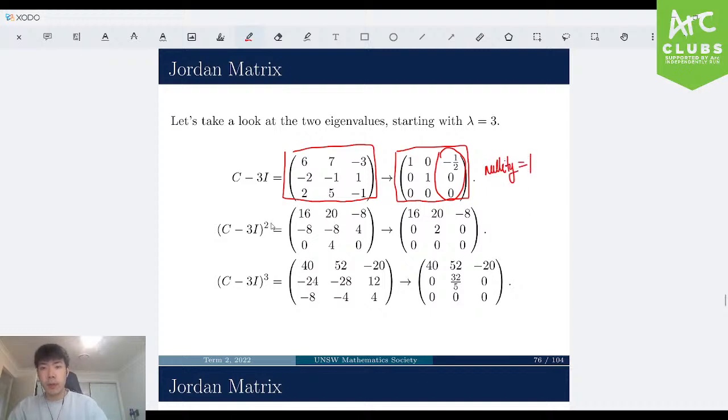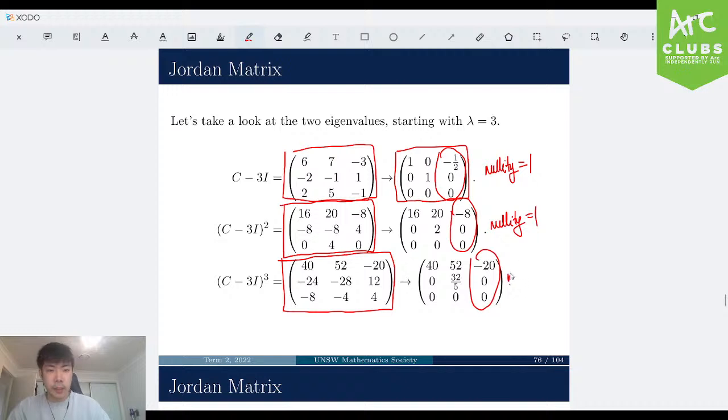Now we raise to the second power, we get this. You reduce. What's its nullity now? Its non-leading column is still this last one here, so its nullity is still 1. And finally, to the third power, it becomes this. And again, its non-leading column is only this one, and so its nullity is still 1.